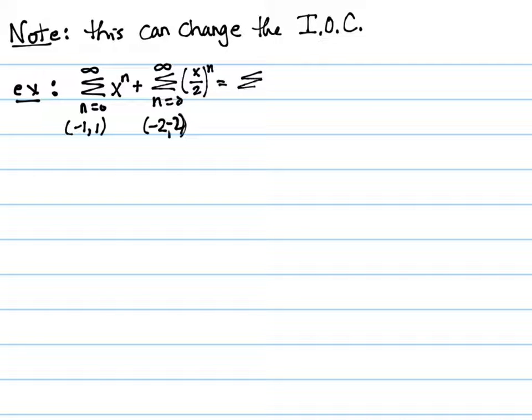Then when we combine these, we could actually factor out the pieces that are being multiplied, like the x to the n is being multiplied by 1. And the x to the n in the second one is actually being multiplied by 1 over 2 to the n, like this. And we could combine them because they're both being multiplied by x to the n, but the interval is the restrictive interval, whatever -1 to 1 and -2 to 2 restricts to when you compare both of them, which in this case would be the narrower one, which is -1 to 1.